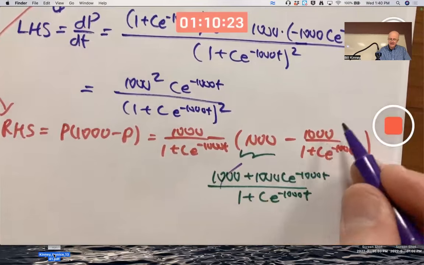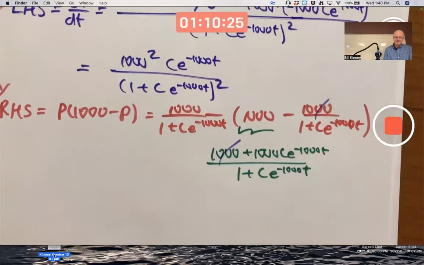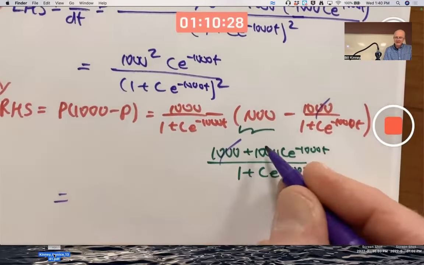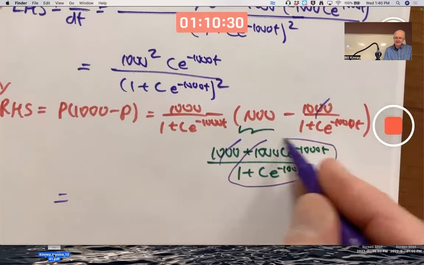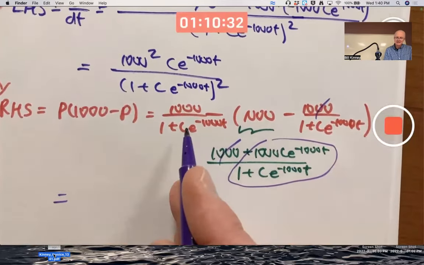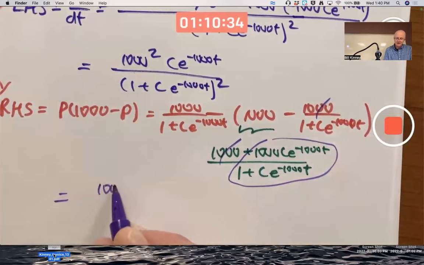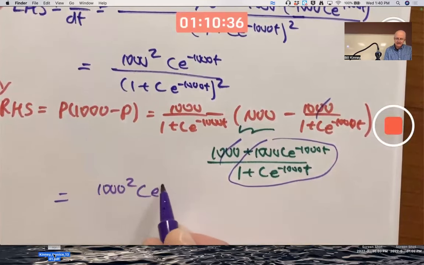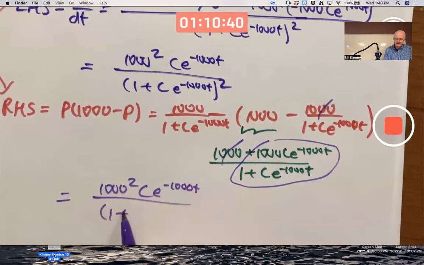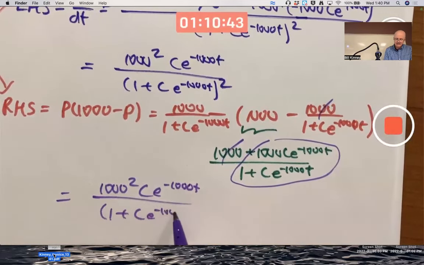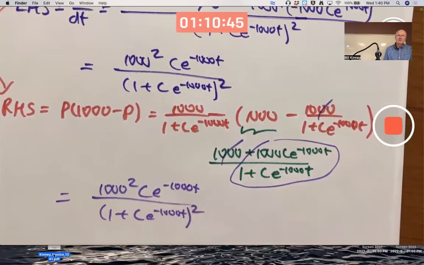So the 1000 there cancels with the 1000 there. You're left with, after cancellation, this thing inside the parentheses. When you multiply it by this, you get the same thing. You get 1000 squared c e to the negative 1000 t divided by 1 plus c e to the negative 1000 t quantity squared.